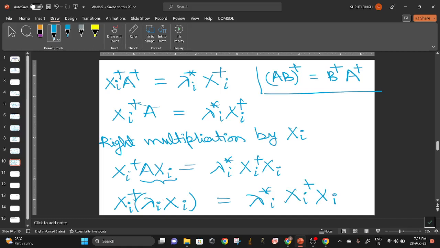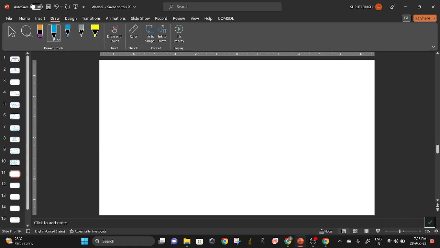Now since lambda is a number, we can take it out. Lambda_i xi dagger xi is equal to lambda_i star xi dagger xi. So, we can take this to one side.